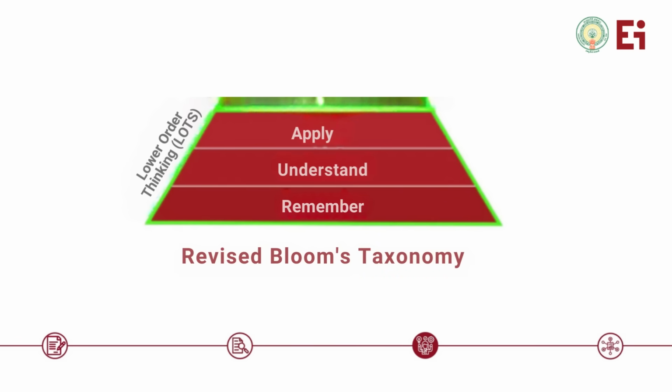Let's look at the revised taxonomy a little more in detail. The bottom 3 categories of the pyramid: remember, understand, apply are lower order thinking skills or lower order cognitive skills, that is, LOTS or LOCs respectively.